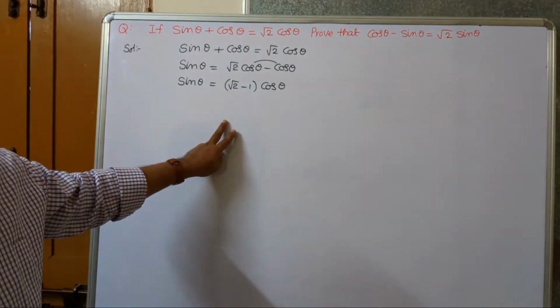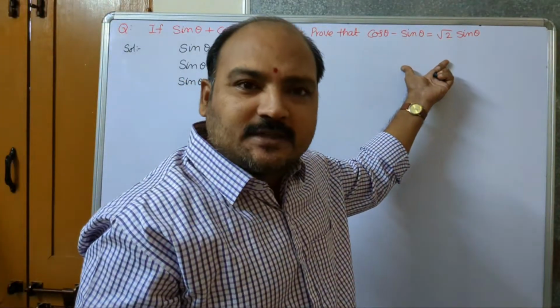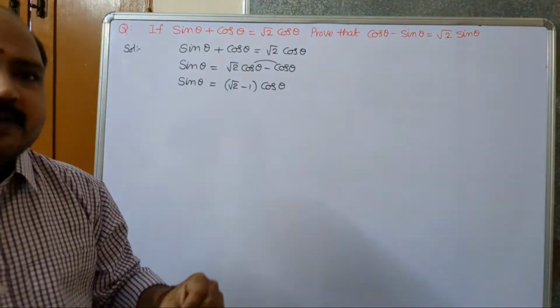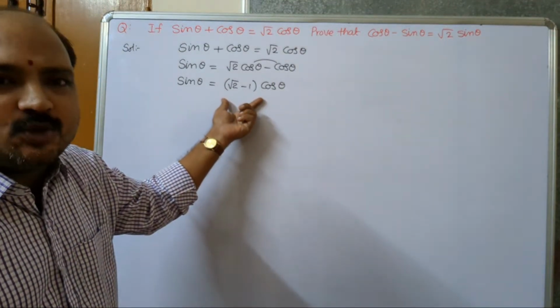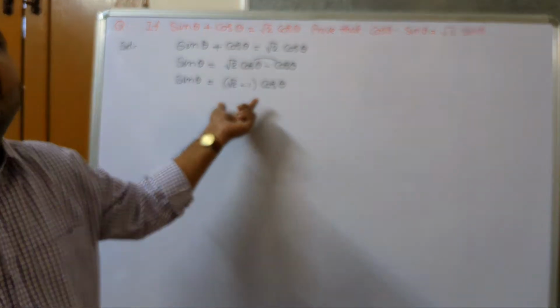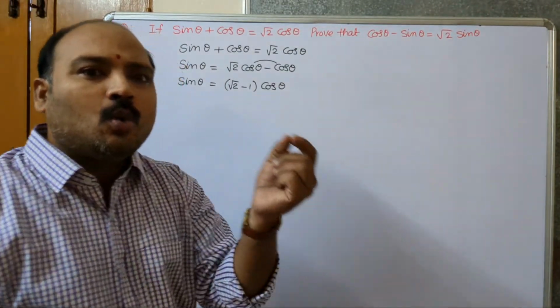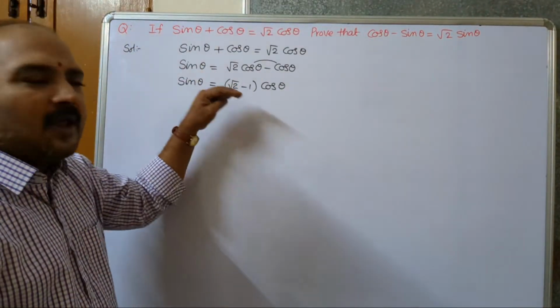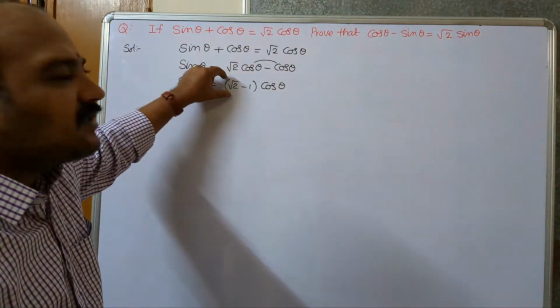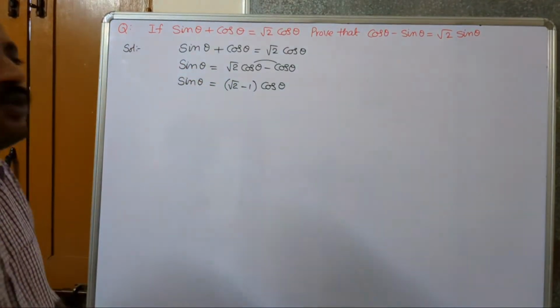After this step, to get the required answer, what we have to do is this: root 2 minus 1 is in the form of root a minus b. What is the rationalizing factor of root a minus b? Root a plus b. So we multiply and divide with the rationalizing factor of root 2 minus 1.